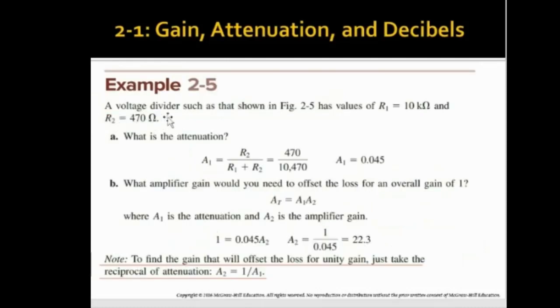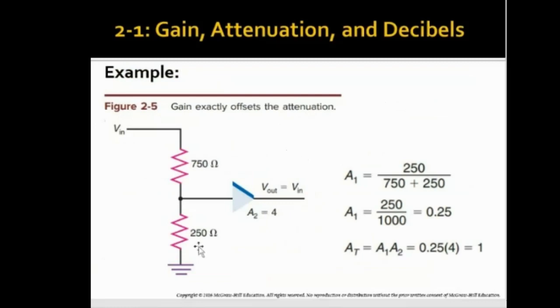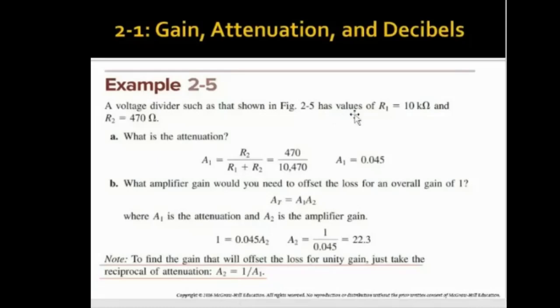A voltage divider, such as what we've seen in this example, has values of R1, 10 kilo ohm, R2, 470 ohm. What is the attenuation? So we can calculate the attenuation.